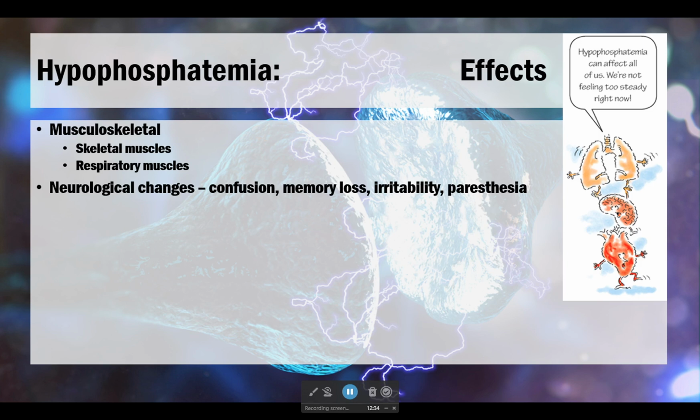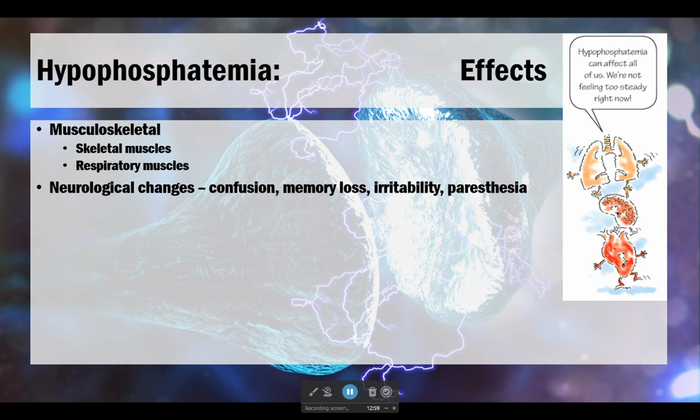Profound hypophosphatemia can cause weakness or even paresthesia of the respiratory muscles, making the diaphragm really weak, which can impair the cough reflex and even their capacity to breathe. So respiratory failure is a potential side effect of hypophosphatemia should it become severe enough.